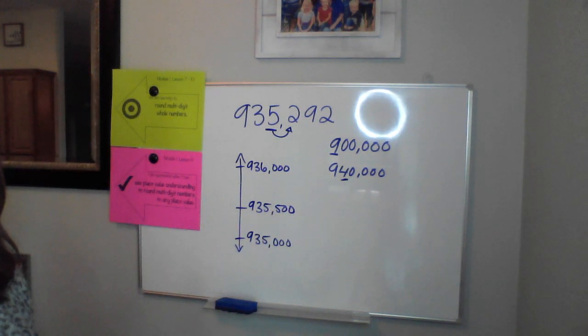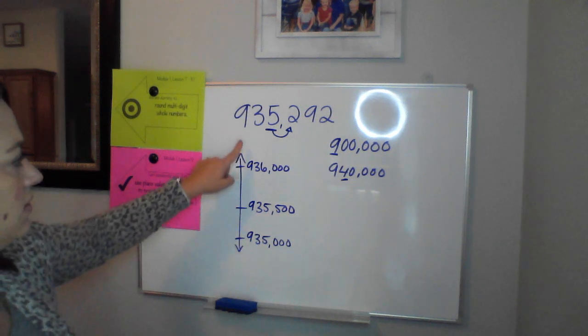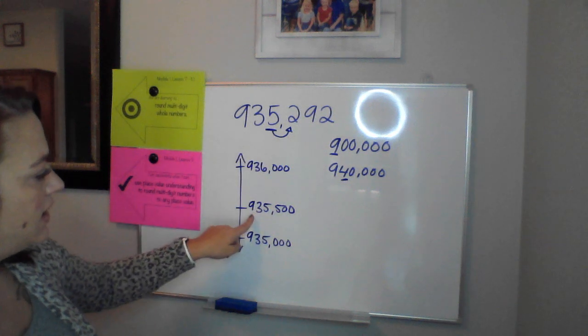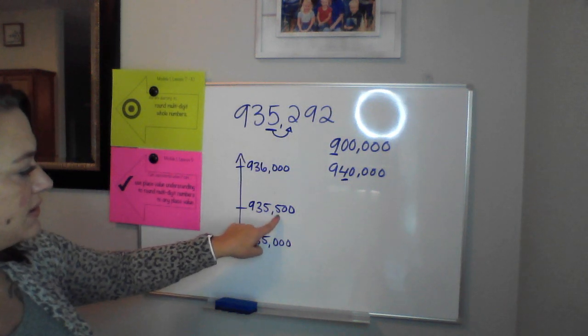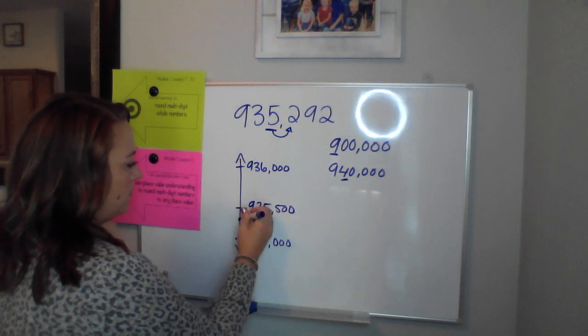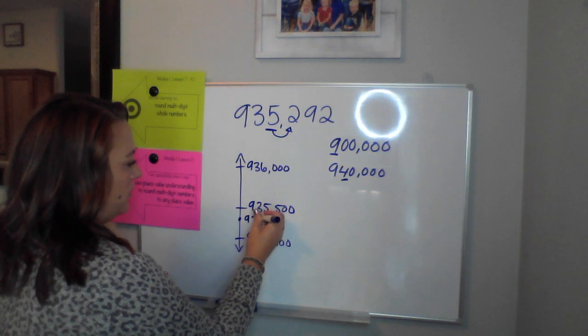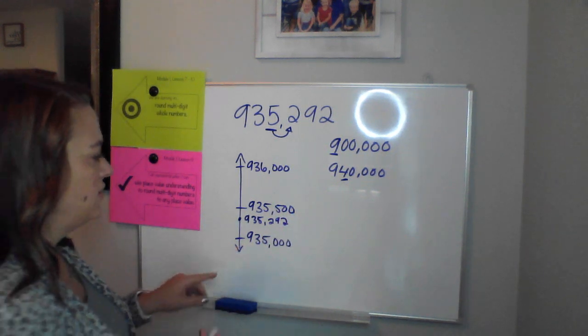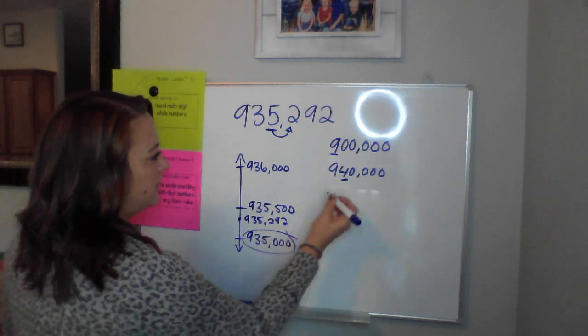So now we can plot that number. 935,200 is less than 935,500. So we're going to round this number down to 935,000.